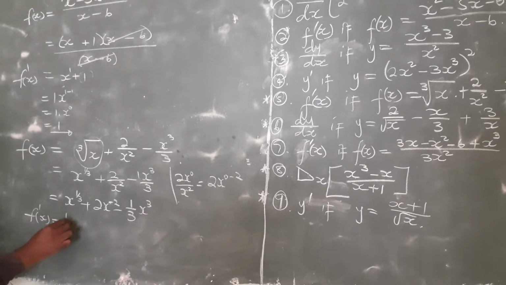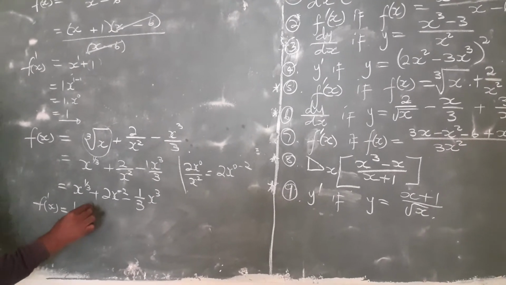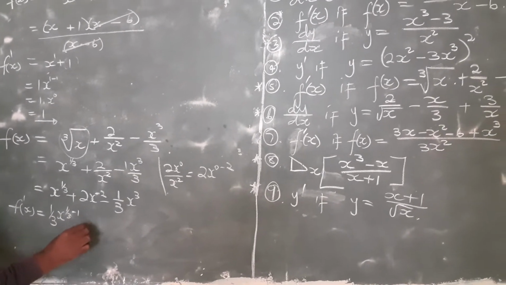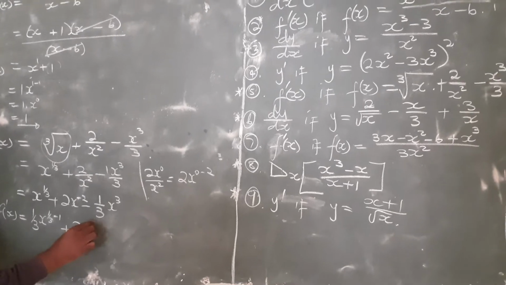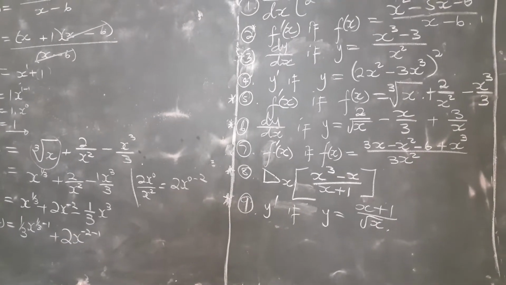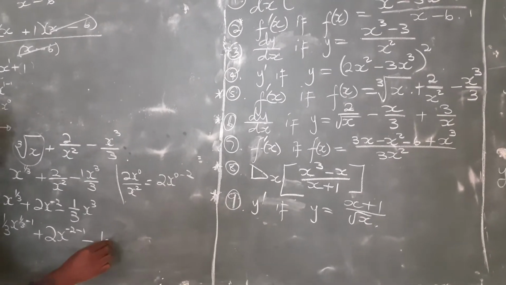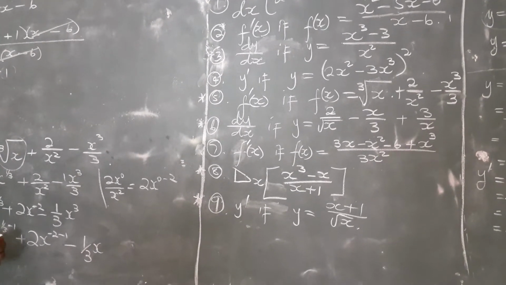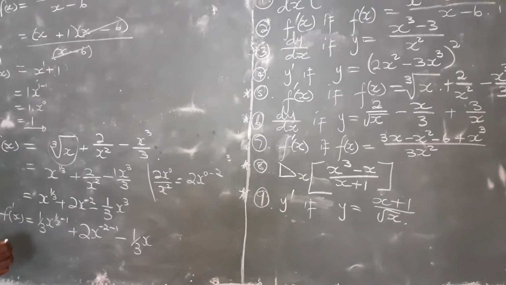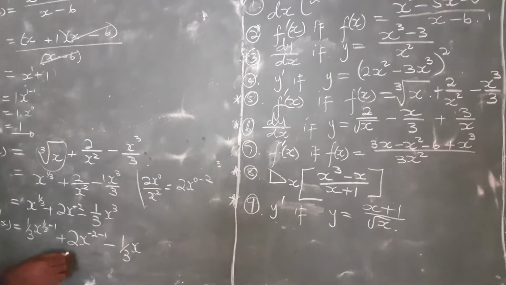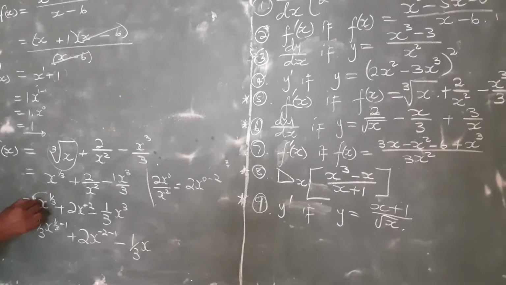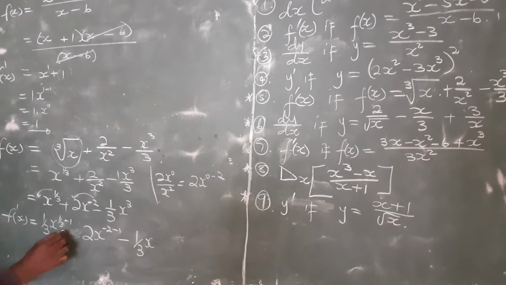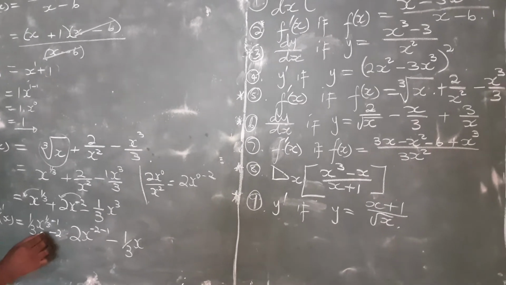That will be 1 over 3 times x to exponent 1 over 3 minus 1, plus 2 to exponent x negative 2, take off 1, negative 1 over 3 x to exponent, no, this one here, this one I multiplied over, this one I did not multiply over, which will be negative 2.